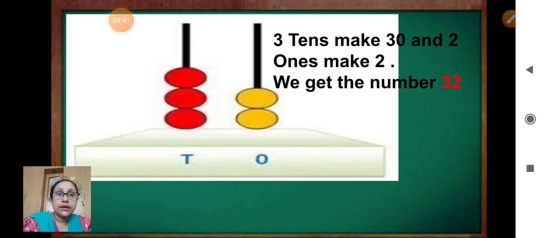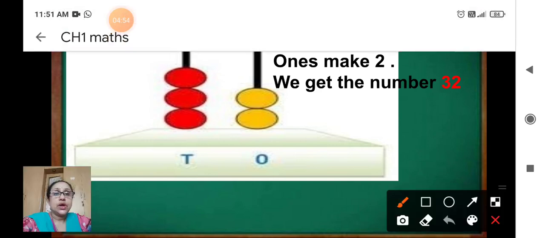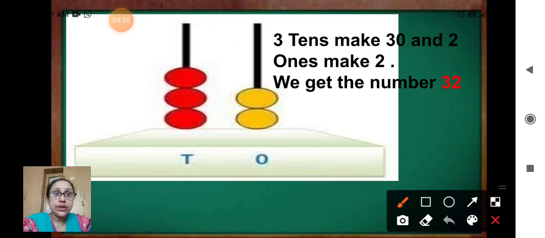Now what here you can see, children? You can see 2 abacus rods. One is of tens and ones. So on the ones place, count the beads. You know the counting. You have done this in your junior classes? Yes. So 1, 2.